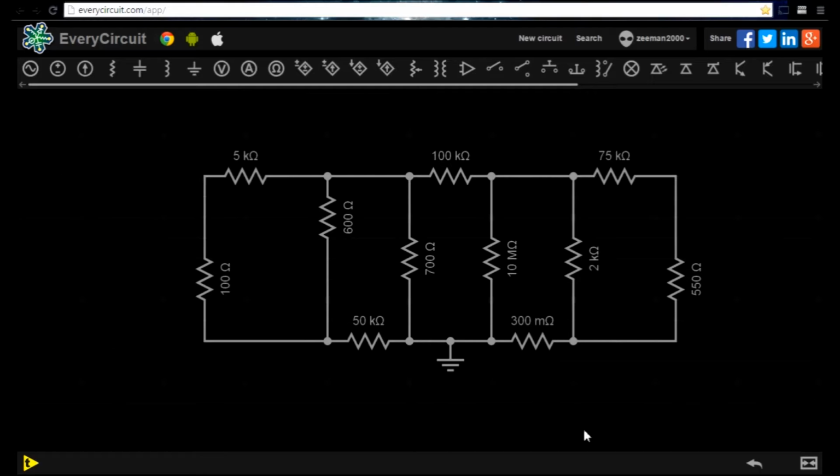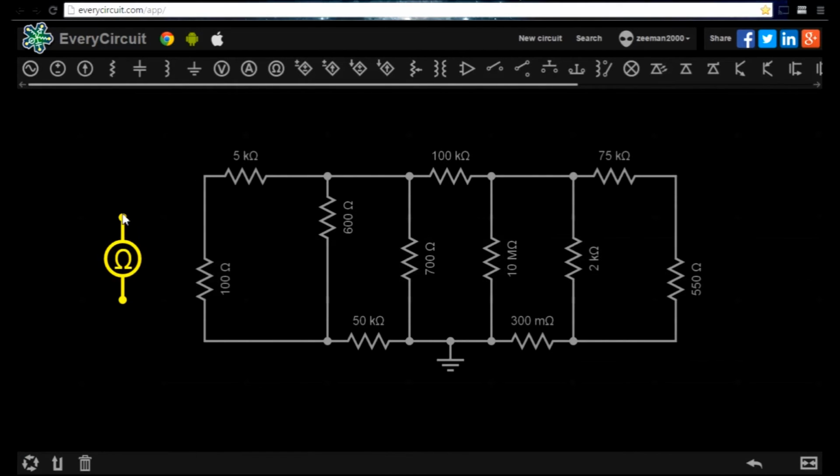Let's now try the ohmmeter. To demonstrate the ohmmeter, we will use this circuit, which has several different values of resistors in series and parallel. To calculate the total resistance manually on this circuit would take a little time. We can simply use the ohmmeter to do this for us.